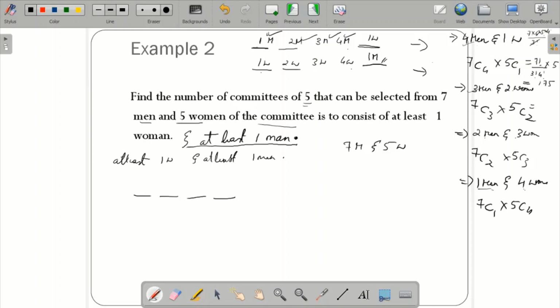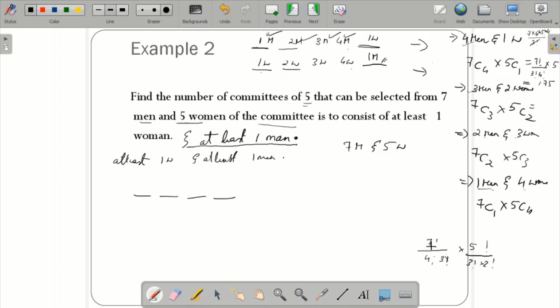And in this, 7C3 and 5C2, you will get the answer as follows. I'll just solve here. It is 7 factorial divided by (7 minus 3) which is 4 factorial into 3 factorial, into 5 factorial divided by 3 factorial into 2 factorial.